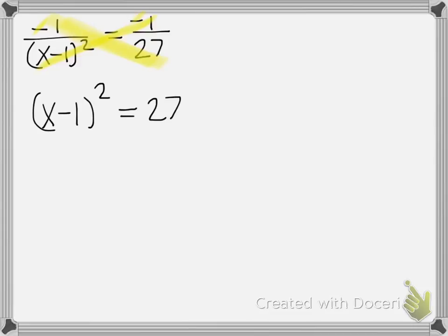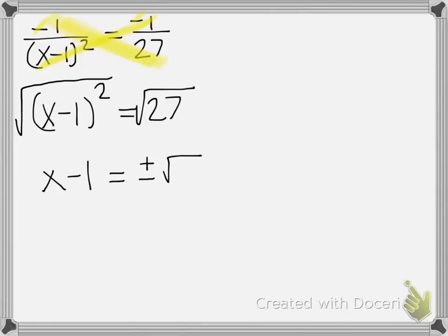So you have something squared, so go ahead and take the square root of both sides. You're left with x minus 1 is equal to plus or minus the square root of 27. And that is because whenever you take the square root of something, you get two answers, a positive and a negative, because you can square a negative and get a positive.